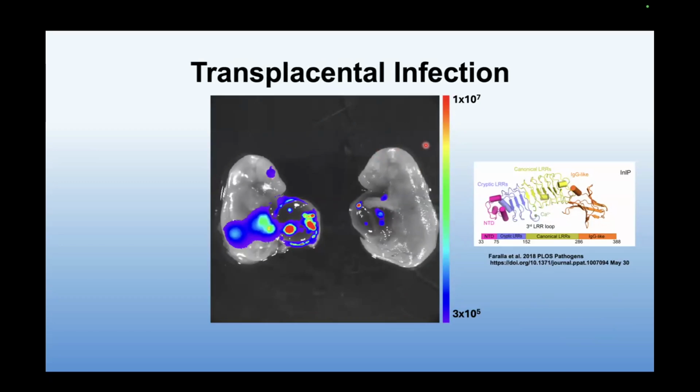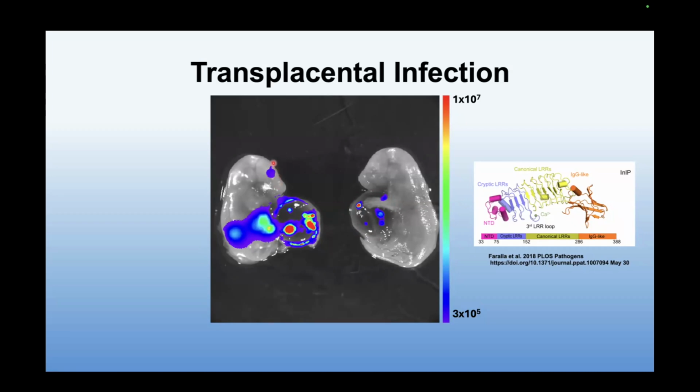So here is this crossing that I was talking about. The protein that is responsible is called internalin P. It's a very, very interesting protein of Listeria. Here on the right, you see this fetal mouse is infected in the placenta only, but this one has crossed over into the fetus, and that requires this protein, internalin P, to cross that basement membrane and get access to the fetus.